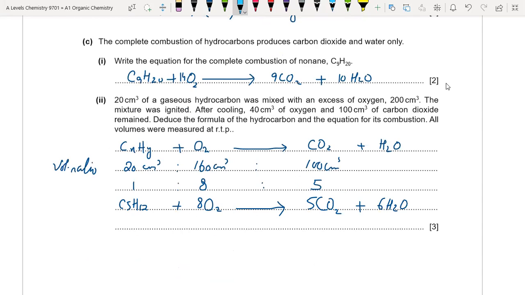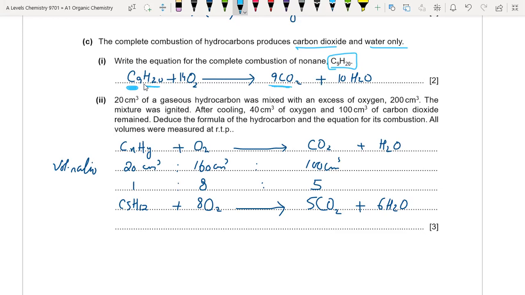The complete combustion of hydrocarbon produces carbon dioxide and water only. So we are combusting nonane. Nonane consists of 9 carbons, so it will produce 9 carbon dioxide molecules, and it contains 20 hydrogens.